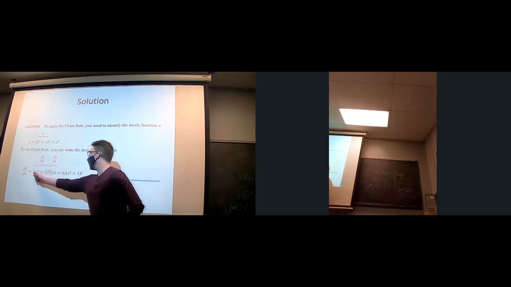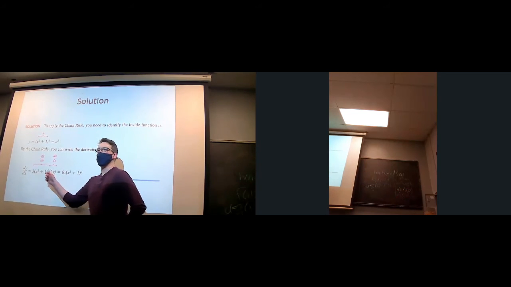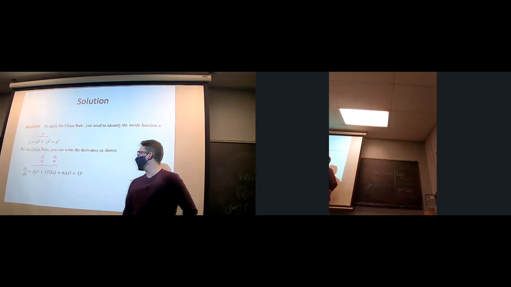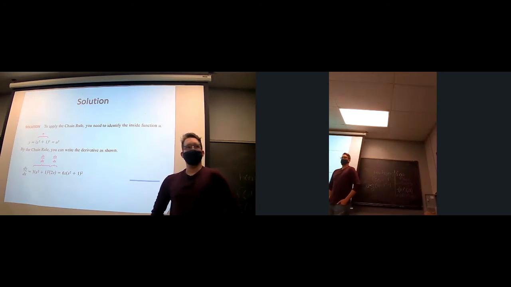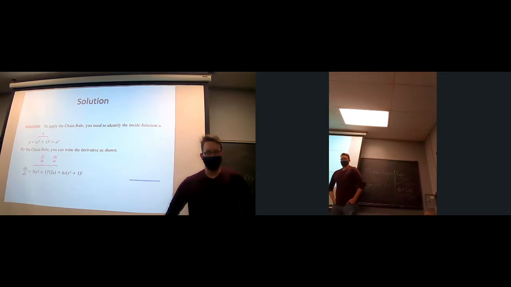Well, they went ahead and simplified it by multiplying the 2 and 3. 6x times the quantity x squared plus 1 squared. Everybody cool with this? Okay.